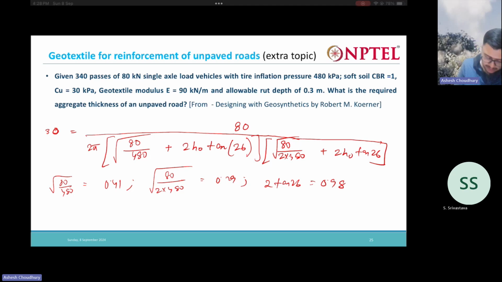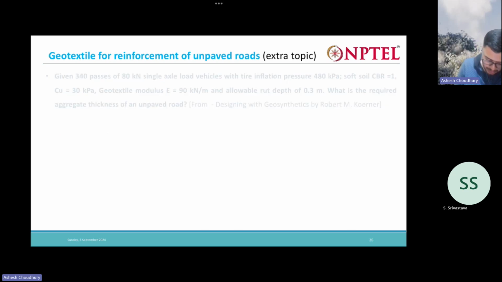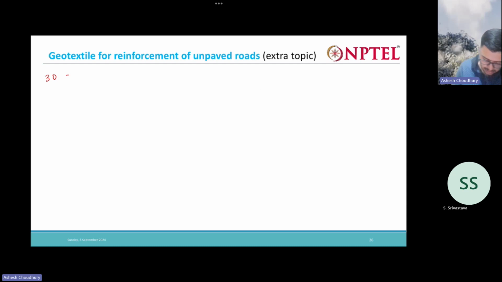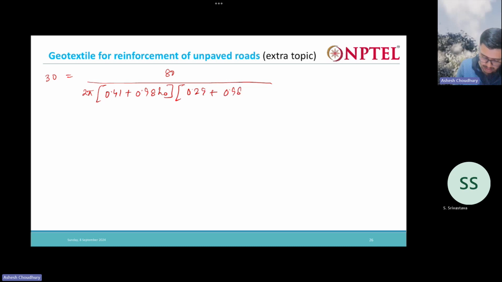So we put all these values, we'll get 30 is equal to 80 by 2π times 0.41 plus 0.98 h_0 over 0.29 plus 0.98 h_0. Okay, so we'll get some quadratic expression.